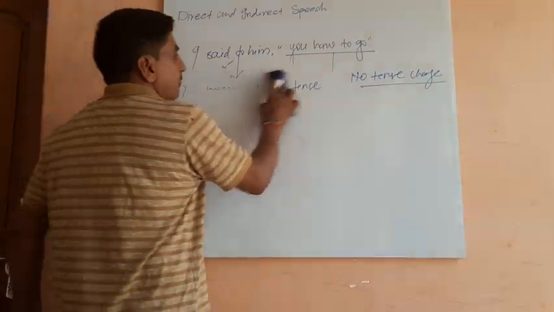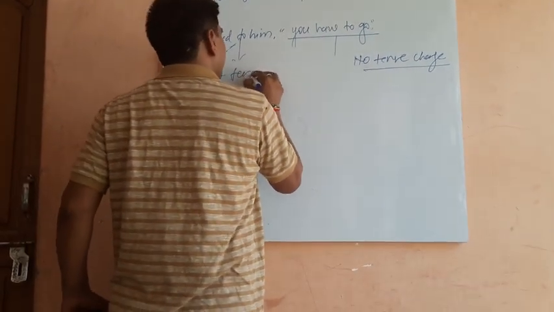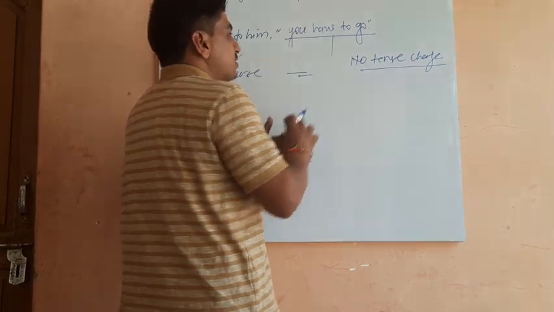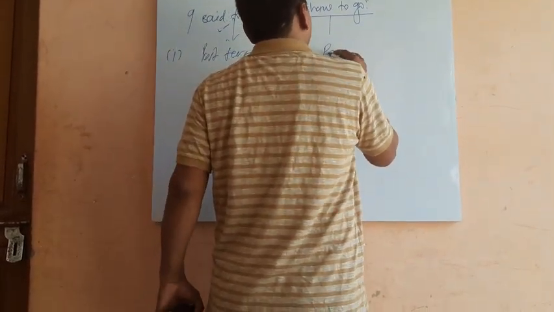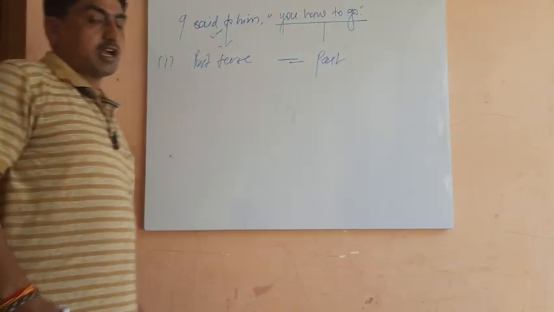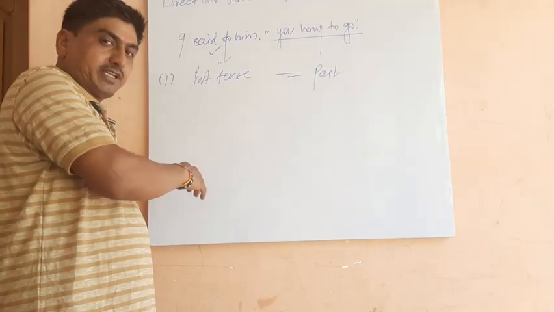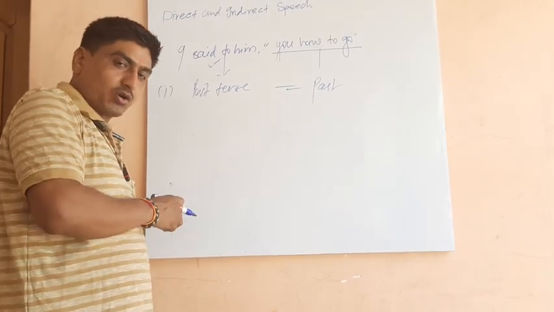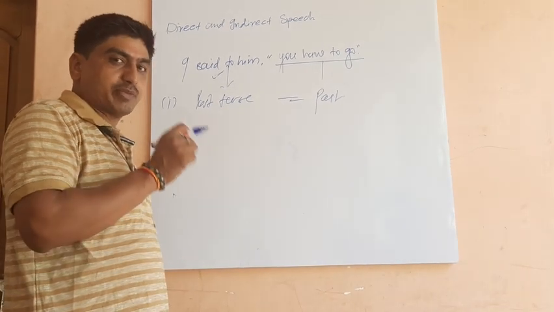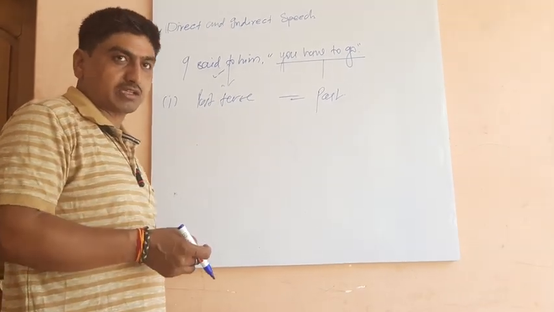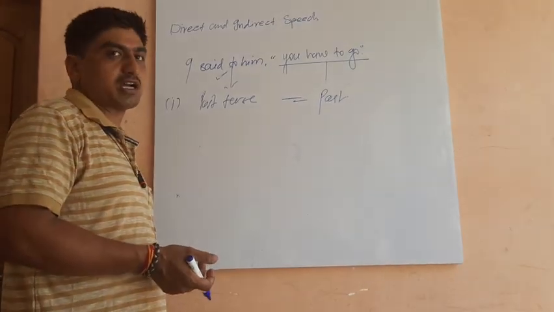If reporting verb will be past tense, reported speech tense will also be changed into past. How will that change occur? I have already told you: present indefinite into past indefinite, present continuous into past continuous, present perfect into past perfect, present perfect continuous into past perfect continuous, past indefinite into past perfect, and past continuous into past perfect continuous.